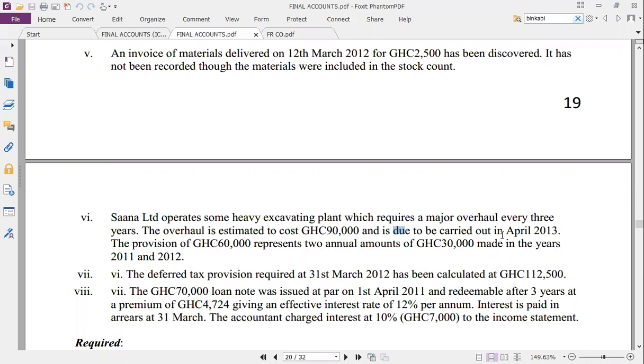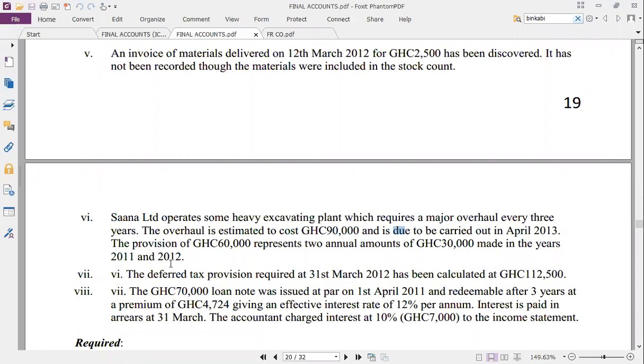The provision of 60,000 represents two annual amounts of 30,000 made in 2011 and 2012. So they've made a provision of 30,000 in 2011 and 30,000 in the current year.